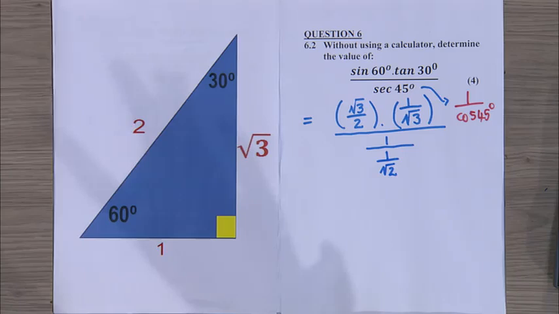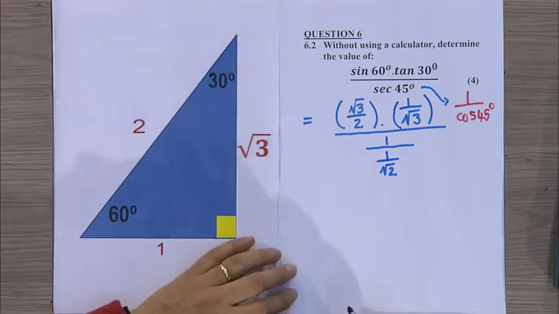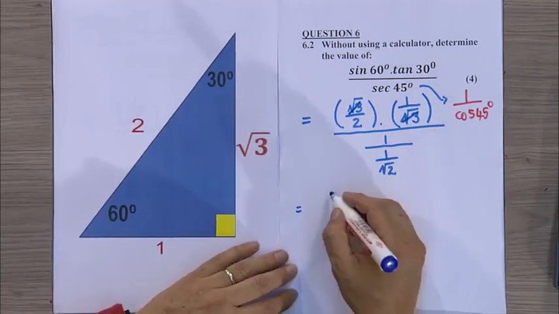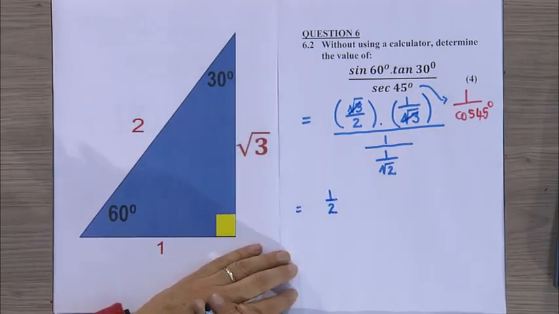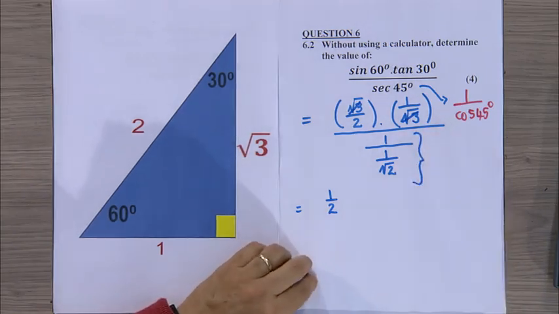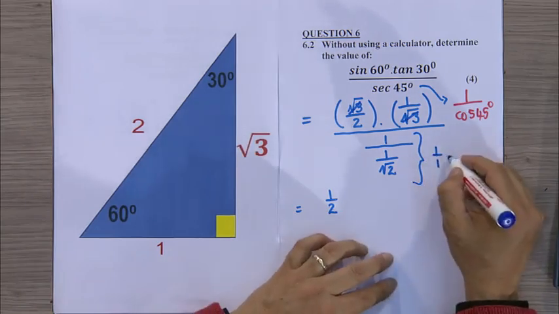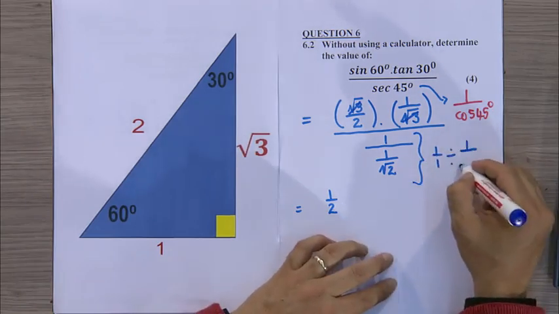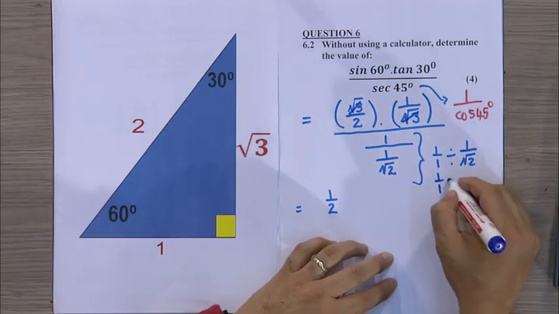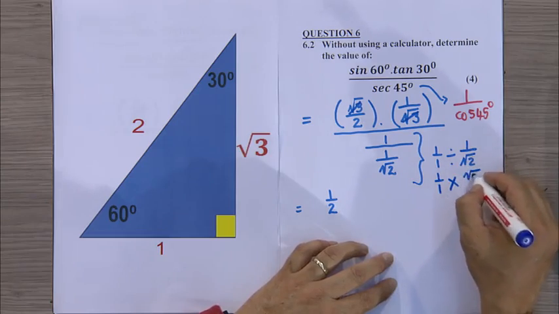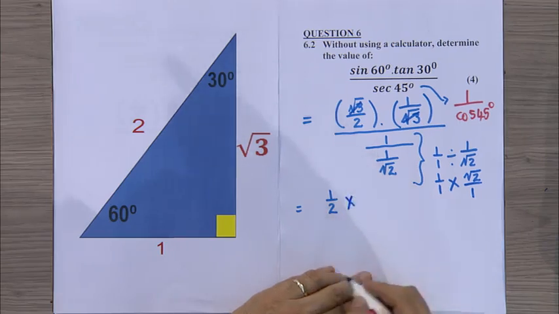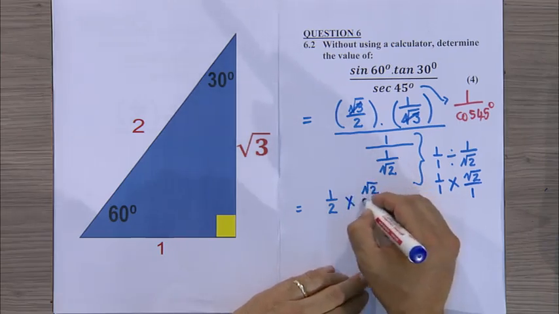So now, do I know my math skills, right? Square root 3 will cancel. On top, we have a half. At the bottom, what does that mean in maths? It means 1 over 1 divided by 1 over square root 2. And you know, if you divide fractions, it's 1 over 1 times, we invert that, it's square root 2 over 1. So we're going to multiply with square root 2 over 1.